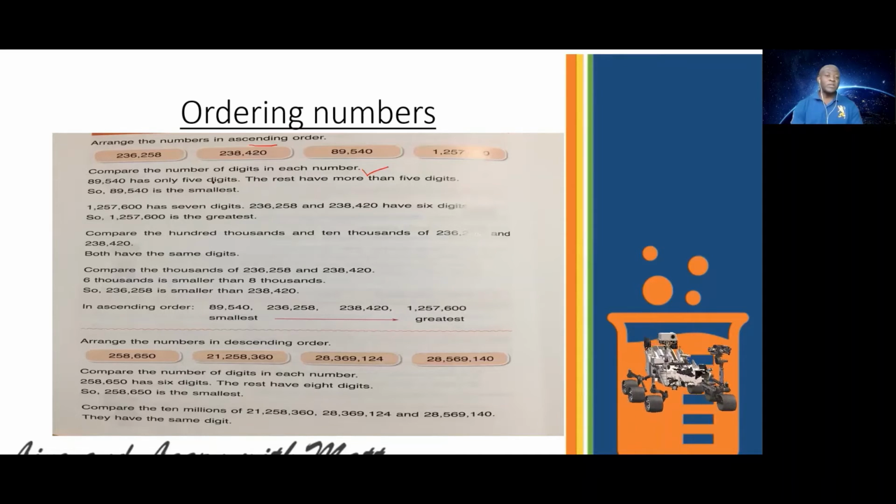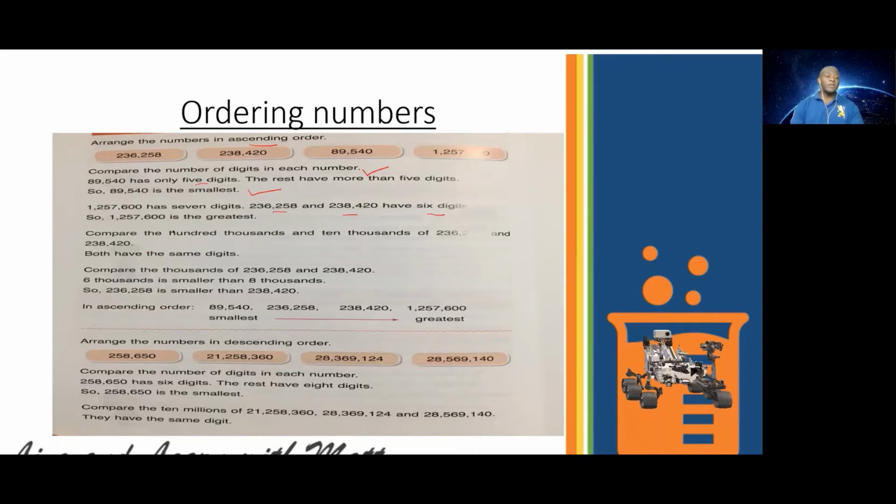So 89,540 is the smallest because it's got only 5 digits. 1,257,600 has 7 digits. These two numbers have only 6 digits.